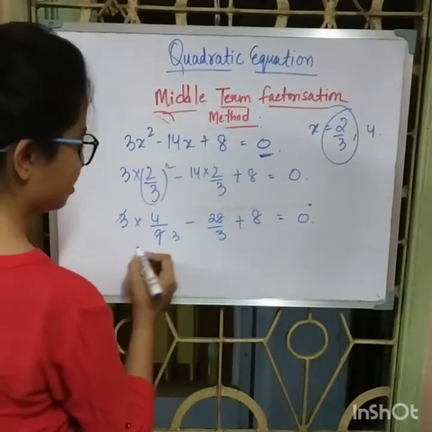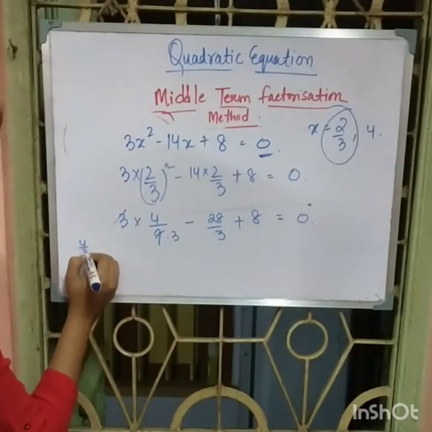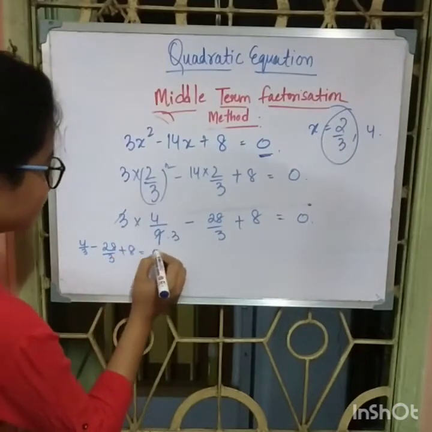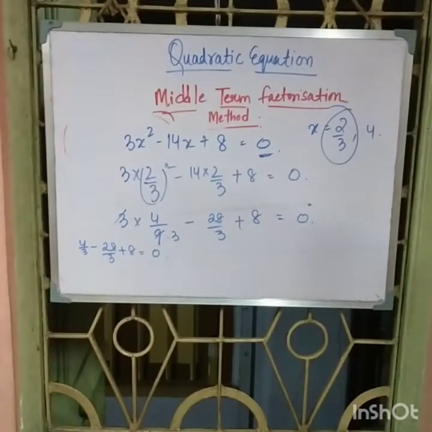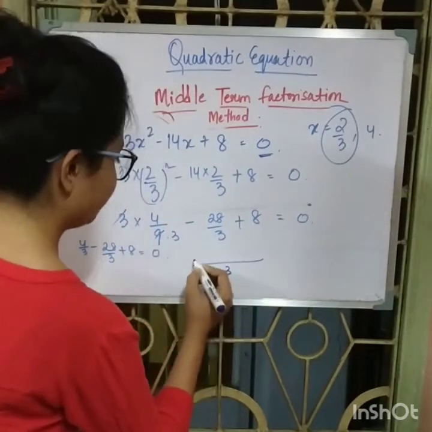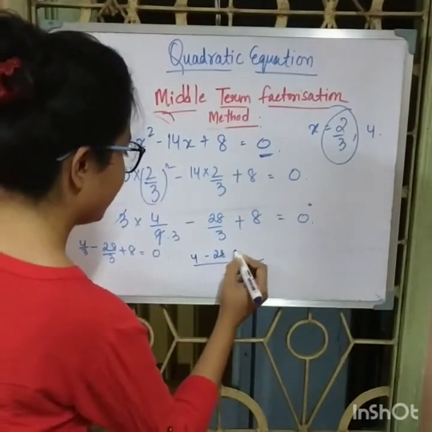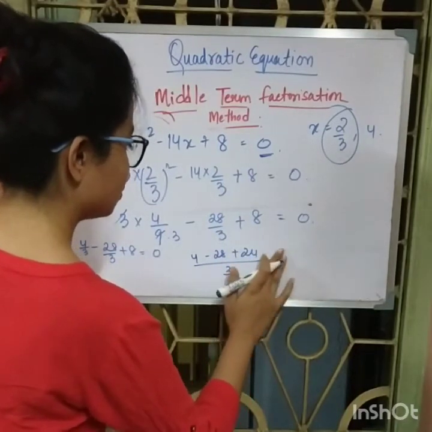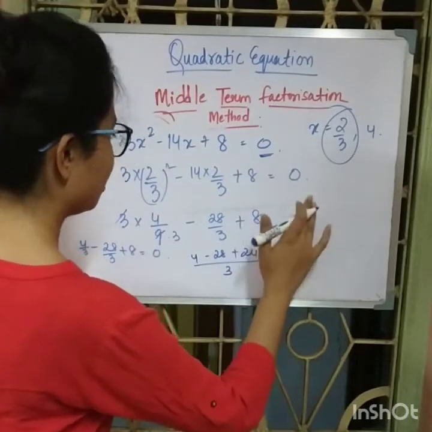So this comes as 4 by 3 minus 28 by 3 plus 8. Right? So if we do the LCM, 4 minus 28 plus 24 is equal to, sorry, we can't write that equal to 0.